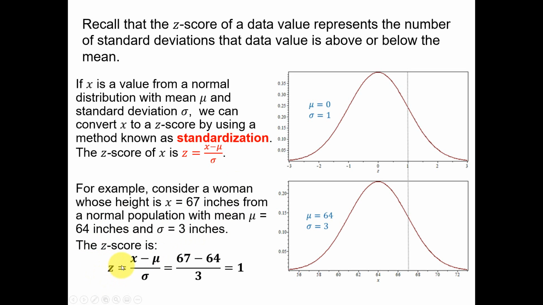Plugging it into the z-score formula, we have x minus mu divided by the standard deviation sigma: 67 minus 64 divided by 3, because 67 is our observation, our mu is 64, and 3 is our sigma, our standard deviation. This equals 3 divided by 3, which is 1.